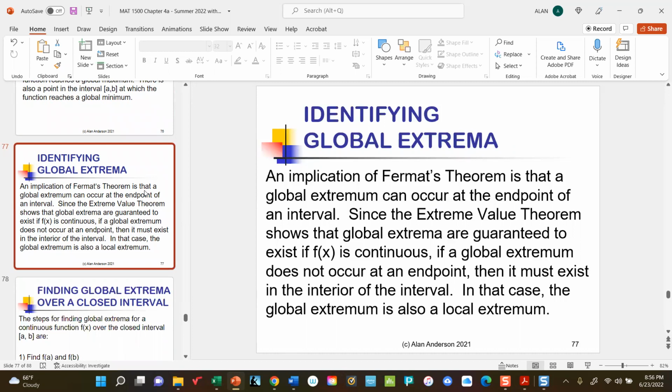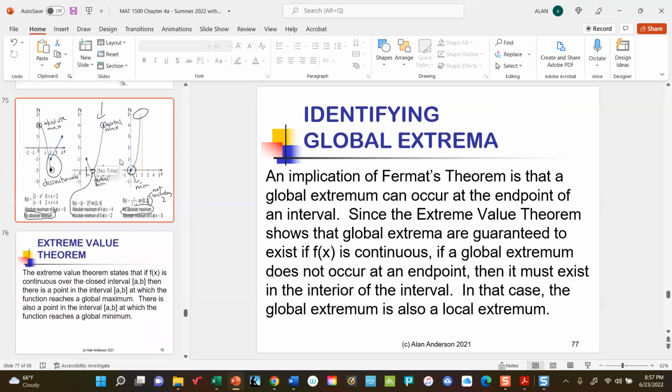Well, because here we're looking at closed intervals, the extreme value theorem and Fermat's theorem are going to jointly tell us that if the extreme value theorem holds, which means it's guaranteed to have a maximum or a minimum, if that extremum does not occur at the endpoint, it must occur in the interval, in the interior, that is. And if that's the case, the global extremum is also a local extremum.